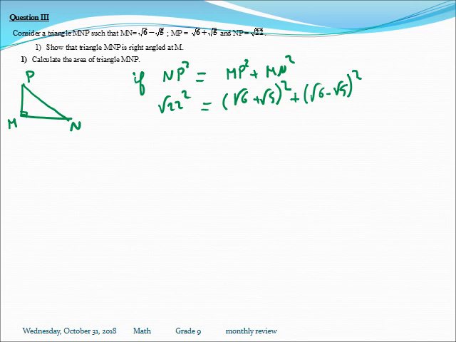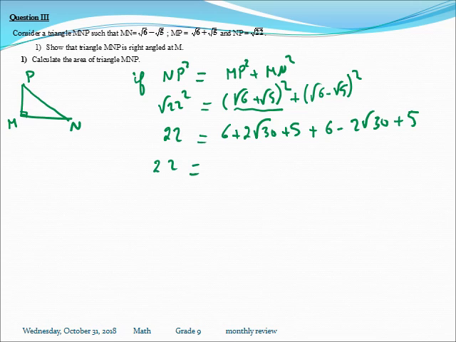So radical 22 squared is 22. Use the remarkable identity a plus b squared: 6 plus 2 radical 30 plus 5, plus 6 minus 2 radical 30 plus 5, equals 12 plus 10, which is 22.